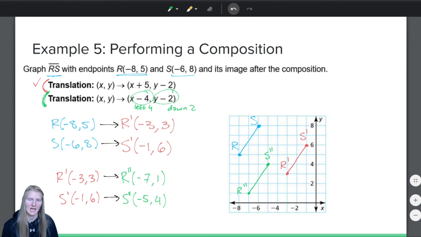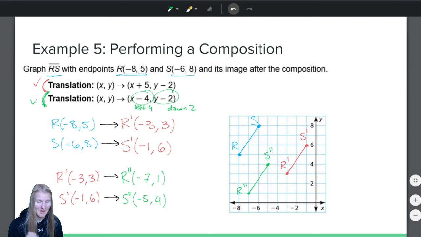Yes, it does. And we can check. Remember, we can check. Did we go left 4 and down 2? Yes, we did. And left 4 and down 2. Yes, we did. Perfect.